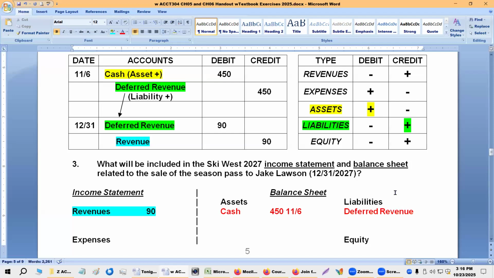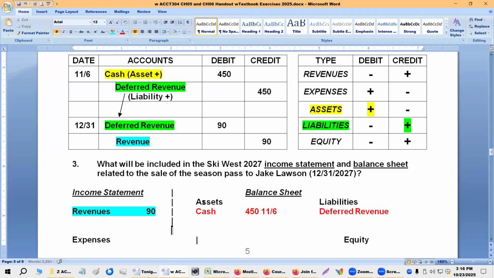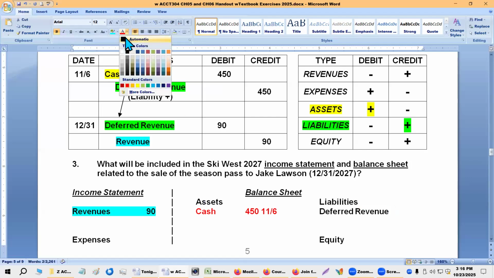Yep. And I think I ran out of space here at some point. So the deferred revenue, I'm going to change this to black. I just want to show something. So deferred revenue would be, yeah, we had 450 in there. We recognized 90 of it. We took 90 out, so it'll still be 360 in there.